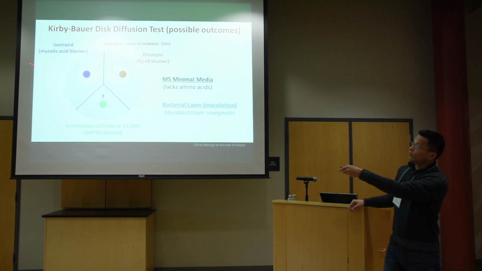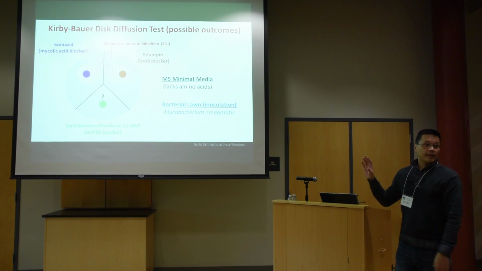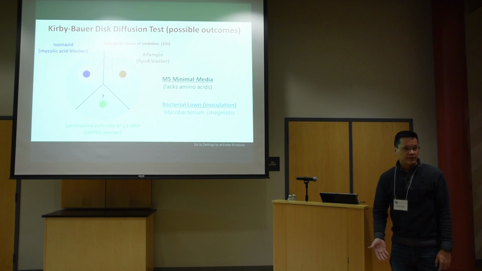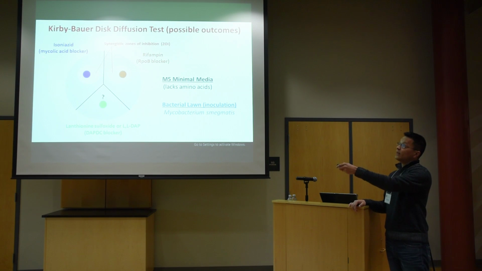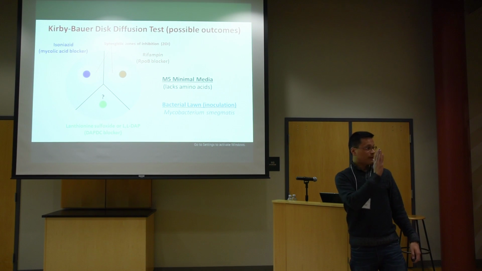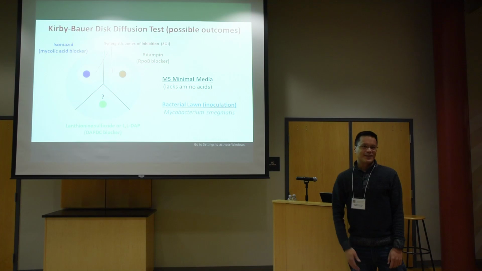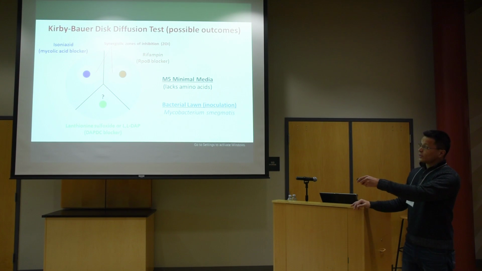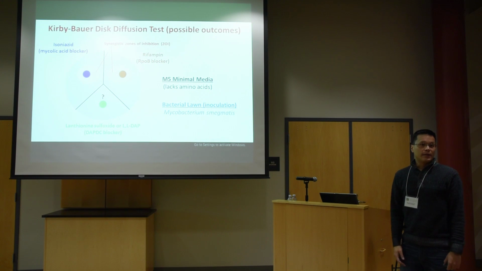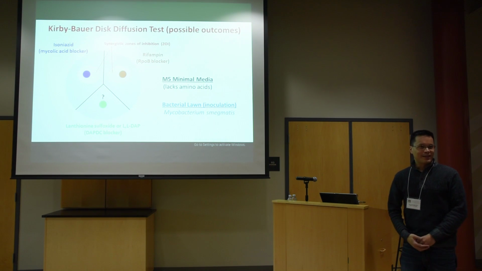These are really common drugs that are used in the clinic against Mycobacterium tuberculosis, but there are multi-drug resistant forms where they're resistant to one of these two, and there are XDR forms, extreme drug resistant forms, where they're resistant to more than one essentially. And so if we can show that this might be effective, we might be able to add another antibiotic or something like that to the mix.